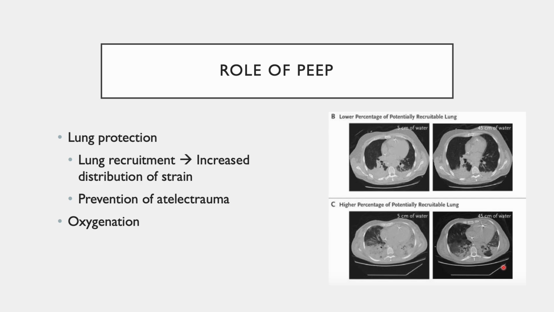And secondly, through the prevention of the cyclical opening and closing of alveoli during tidal ventilation, preventing what has been described as atelectrauma. Oxygenation improvement is achieved also through alveolar recruitment, which reduces intrapulmonary shunting.